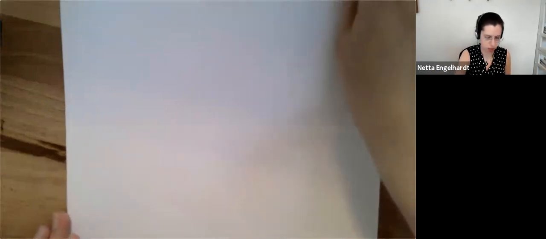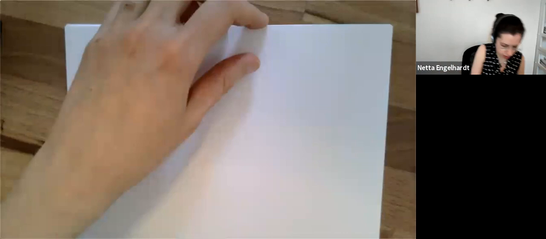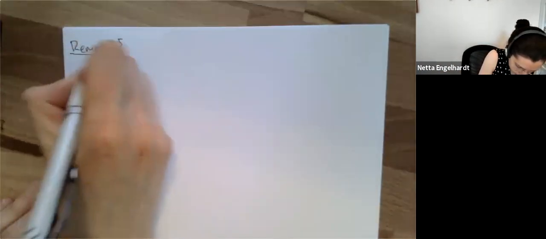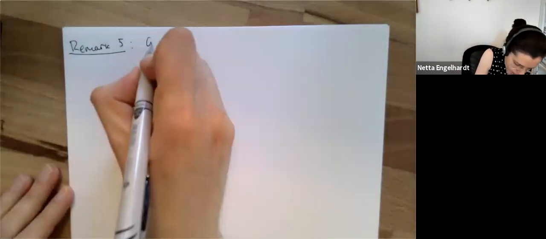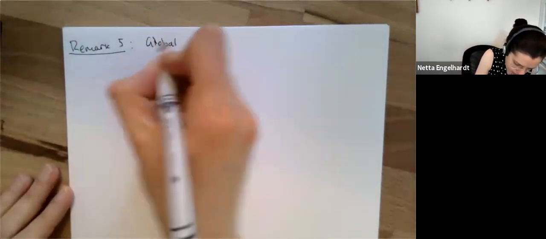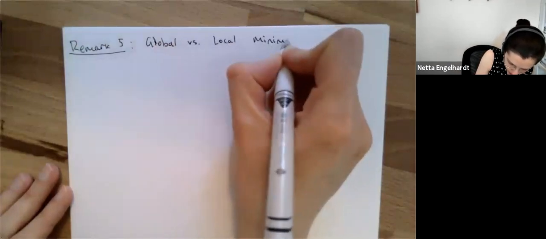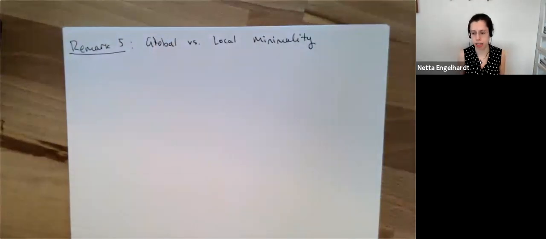Okay. All right, so this brings me to remark 5. And this is sort of where things begin to get interesting, if they weren't already interesting, which is a question of global versus local minimality. We can have multiple candidates for a surface to be computing the entanglement entropy of a boundary subregion.